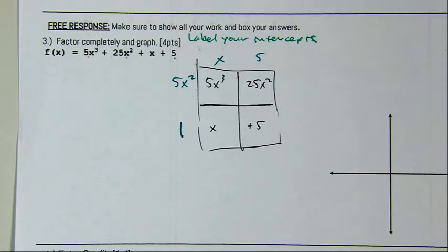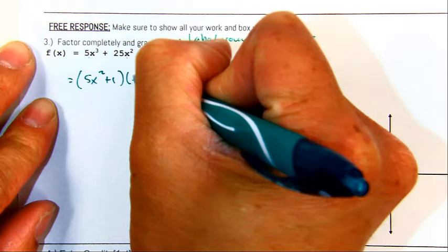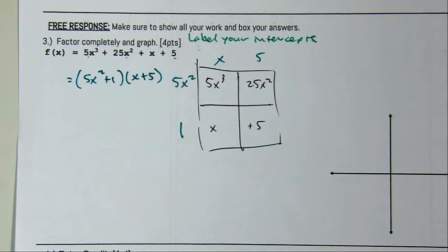Okay, so let's write that out. I have 5x squared plus 1 and x plus 5. And what we have here is my factored form.